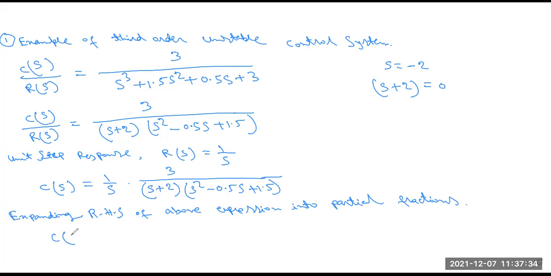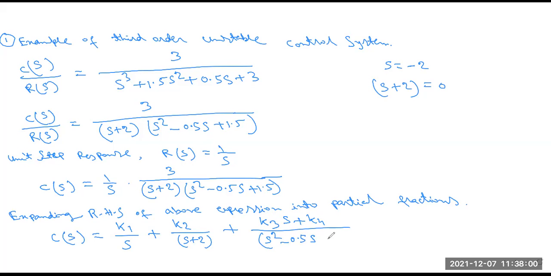When we apply the partial fraction to this equation, Cs equals k1 by s plus k2 by s plus 2 plus (k3s plus k4) by the quadratic term. We know that these are basically the formulas of the higher order control system. We learned them in the previous slide. And the denominator part we have to solve here. Up to this part, is it clear, all of you? Yes, sir.